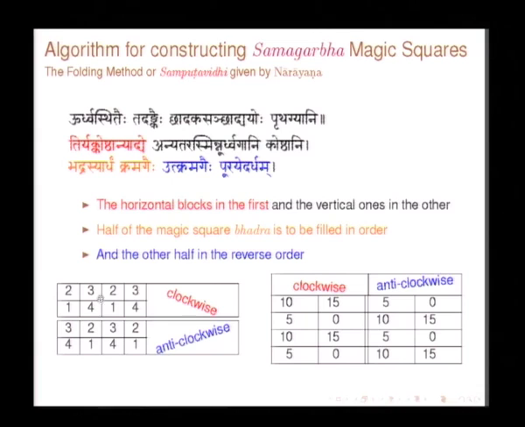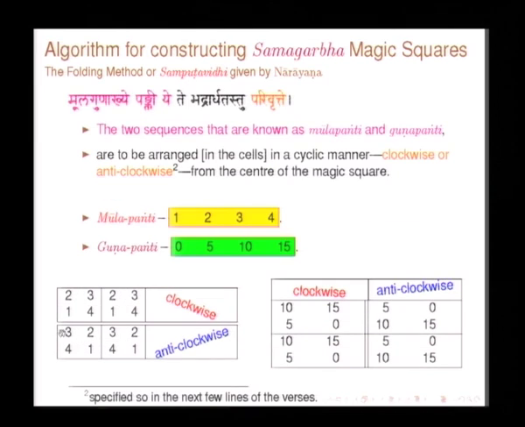Adye refers to this chadaka square and the other refers to this chadya square. While arranging these numbers, he says you have to follow a certain pattern. You divide this horizontally and then place them clockwise here, then anti-clockwise.